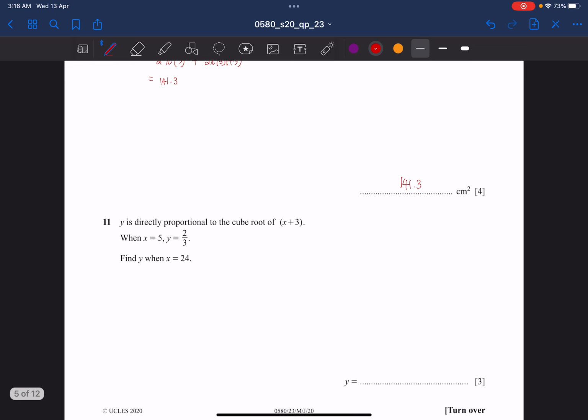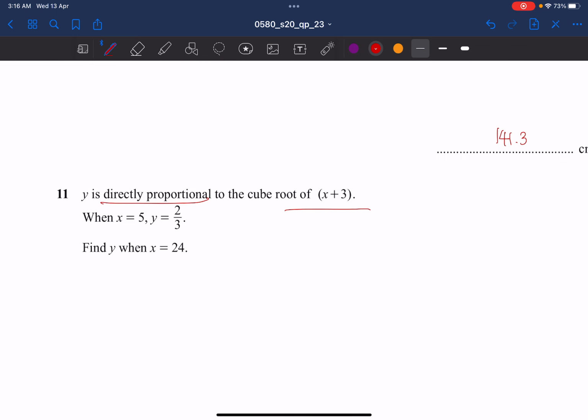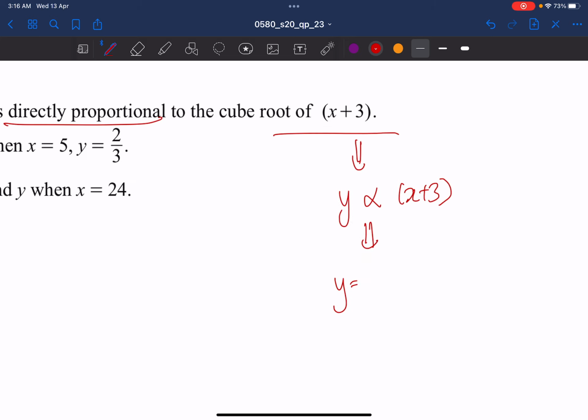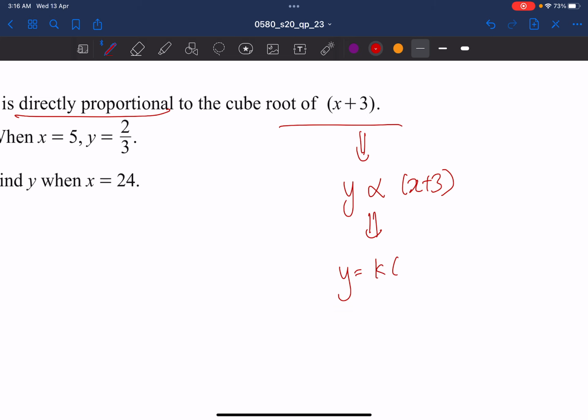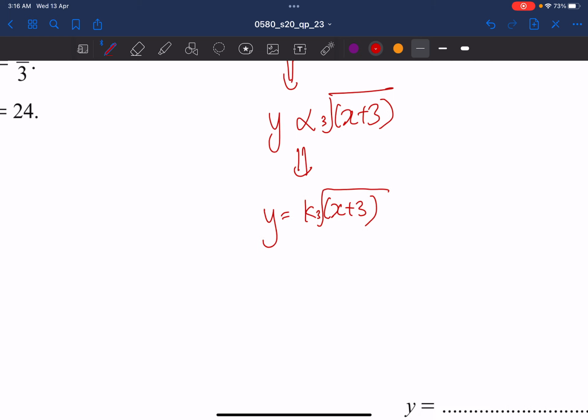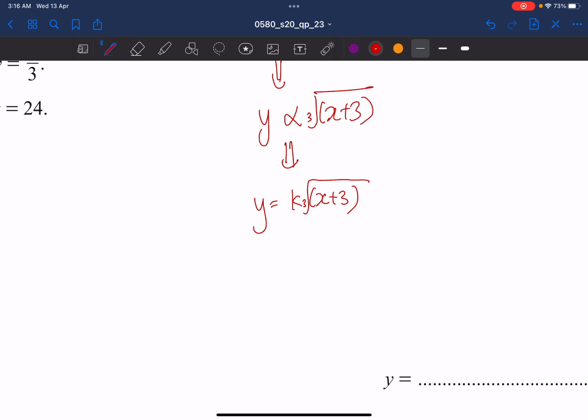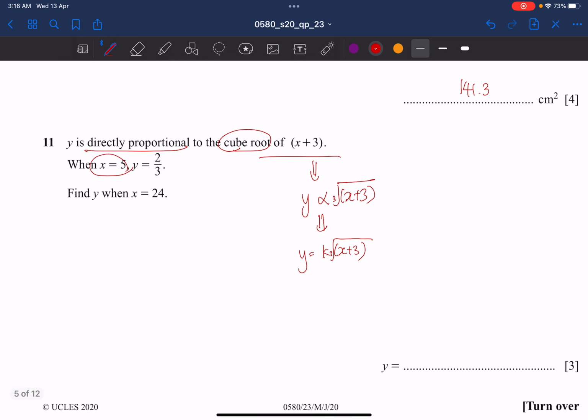y is directly proportional to the cube root of x plus 3. This means that y equals k times the cube root of x plus 3. When x equals 5, y equals 2 over 3.